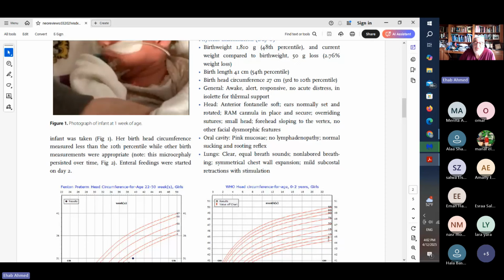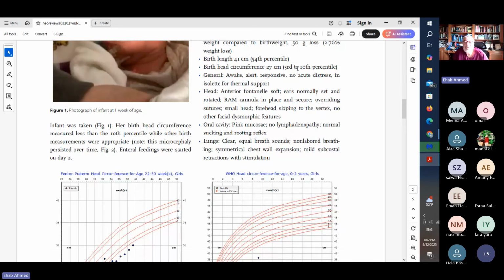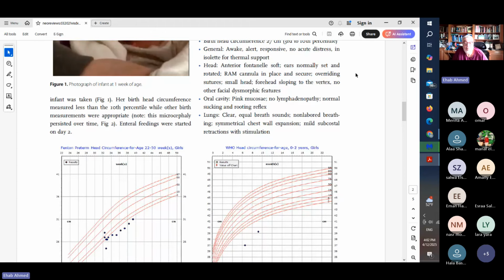The baby is alert, awake, responsive, not in distress, and the head circumference is now ranging between the 3rd and 10th percentile, which is not normal. They didn't mention how many standard deviations below the mean.